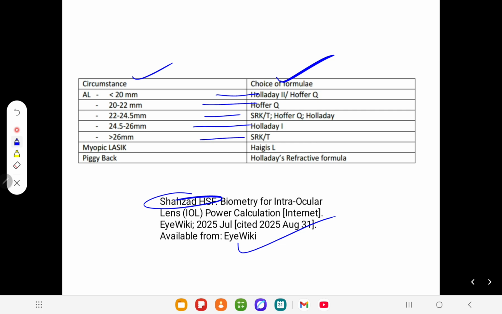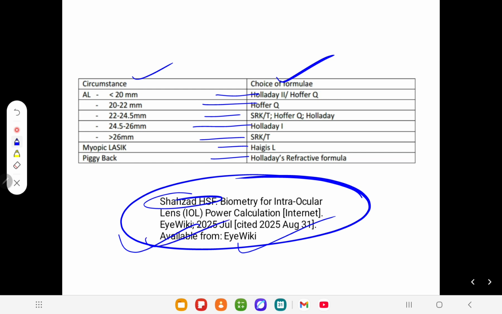Greater than 26: SRK/T, Wang-Koch for myopic eyes, Haigis-L, and for piggyback Holladay's refractive formula. This is a very good reference, and I suggest you go to EyeWiki and read this paper.